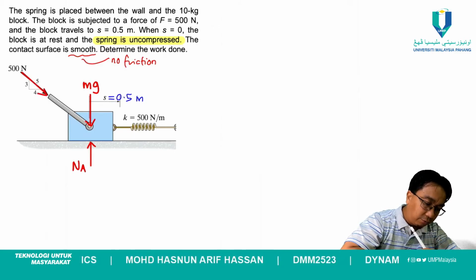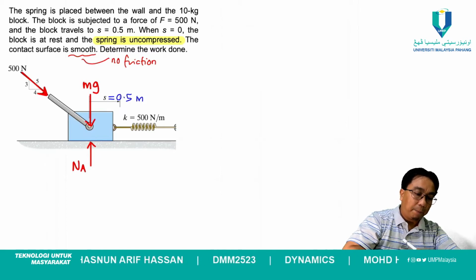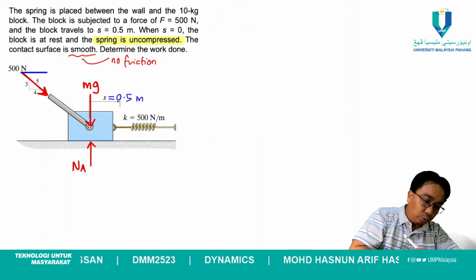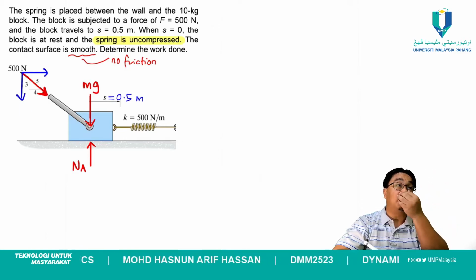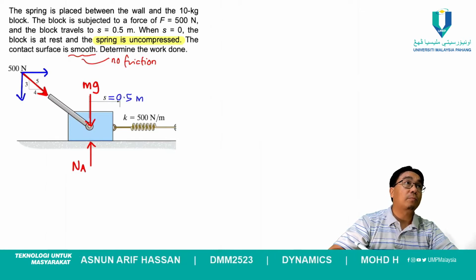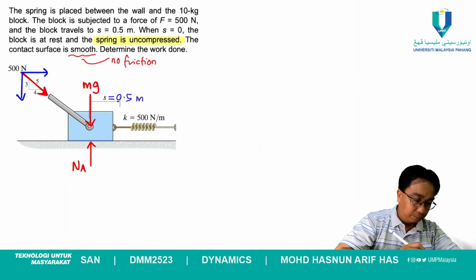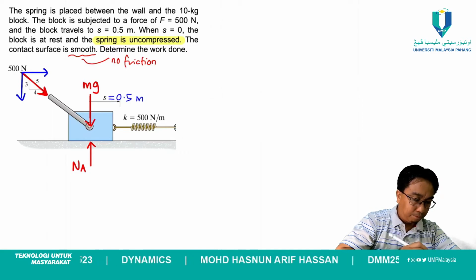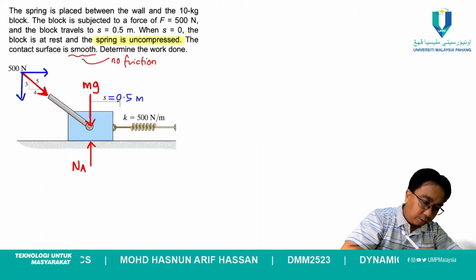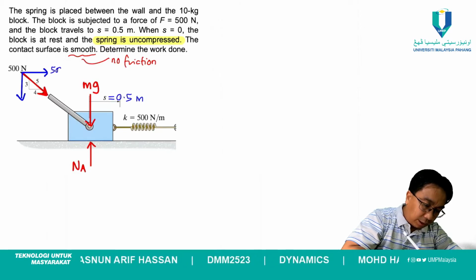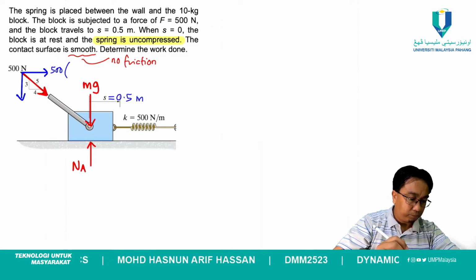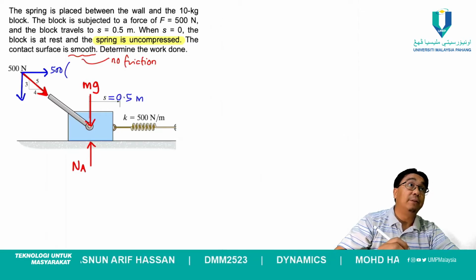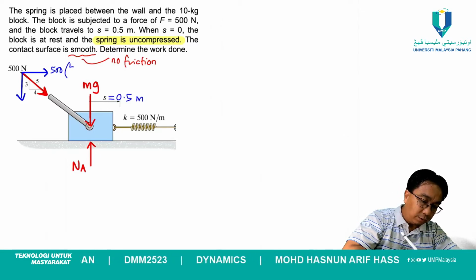Okay, 500 Newton force here, which we can resolve into two components. So this will be 500 times apa kat sini? 4/5, right? 4/5.